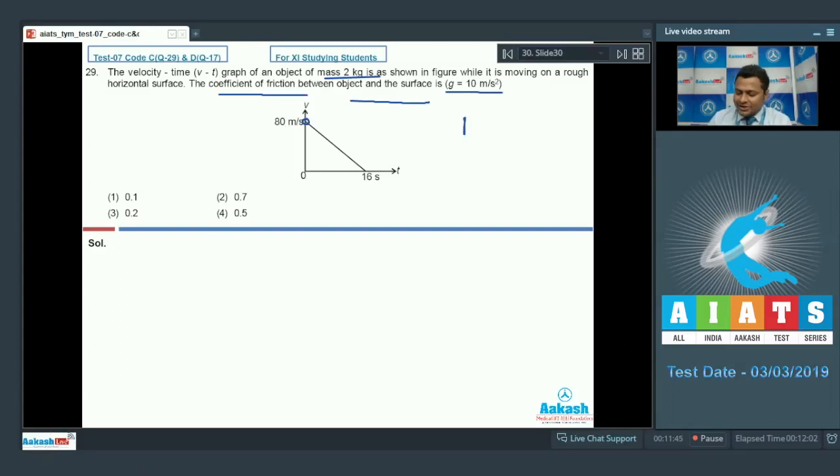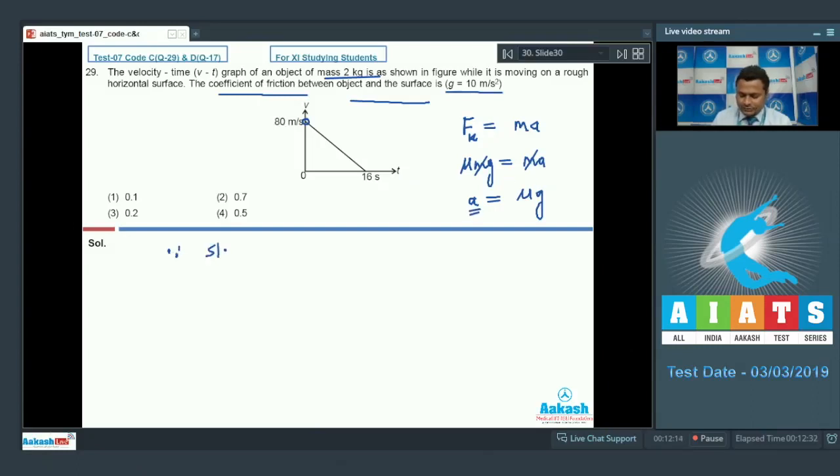The net force is the friction force, F kinetic, given by total force equals mass into acceleration. Fk is given by mu mg, and equals m into a. So from here the acceleration, or retardation of the block, will be mu times g. We know very well that the slope of a speed or velocity time graph gives the acceleration.